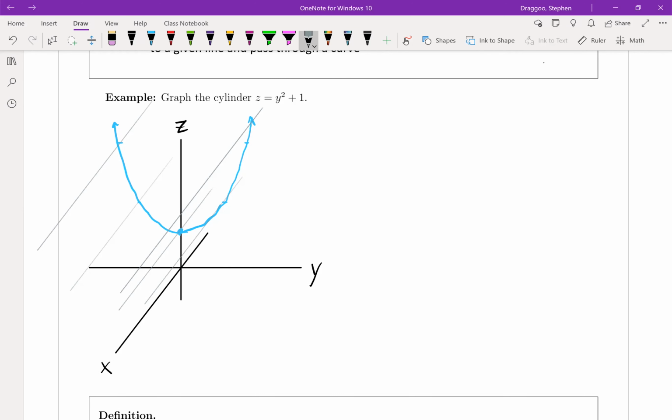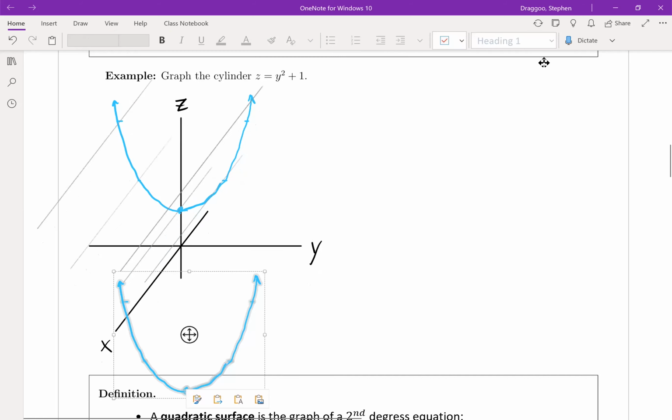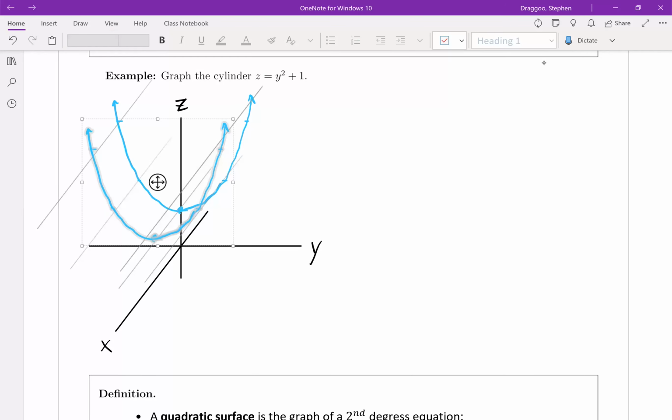And I'm going to extend that shape we just drew, z equals y squared plus 1, further along the x-axis. If I copy and paste that shape in and let it move along the x-axis, I get a shape that goes here.